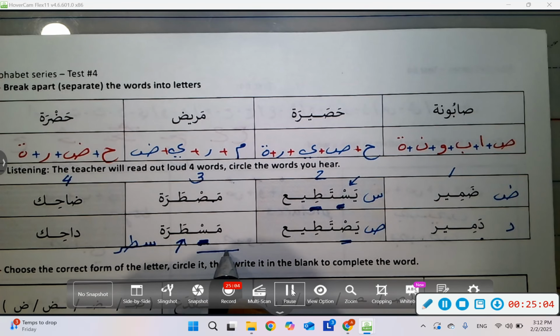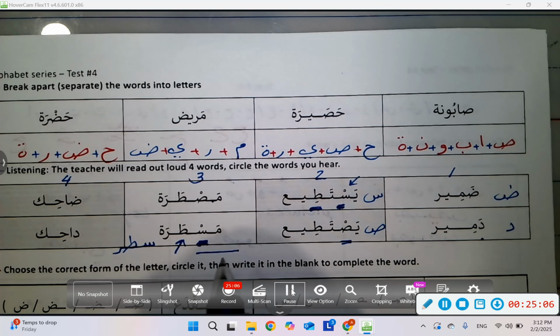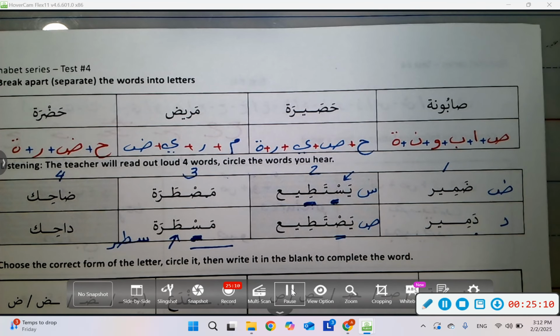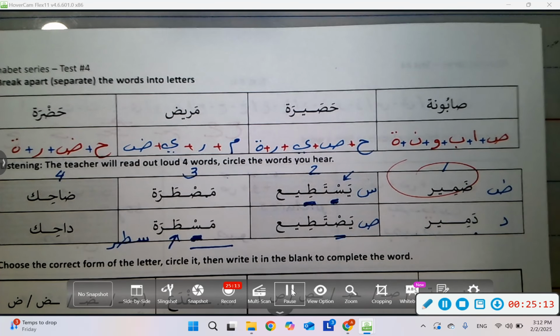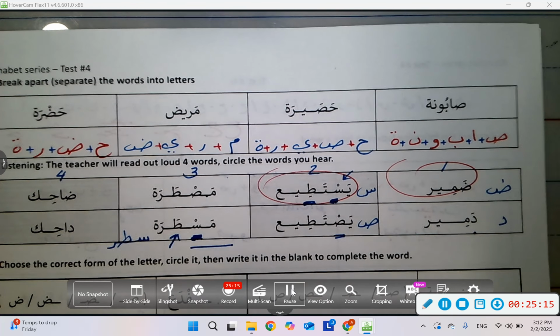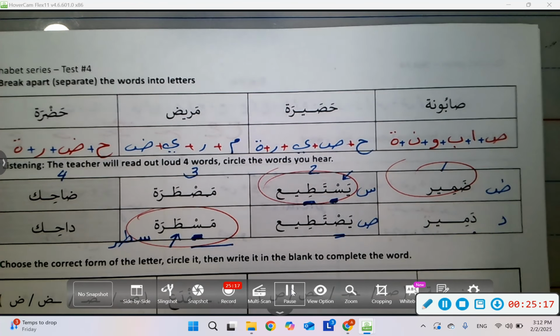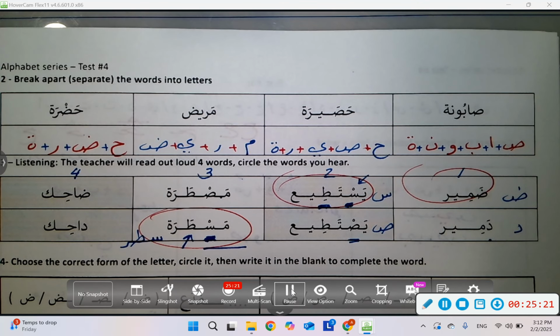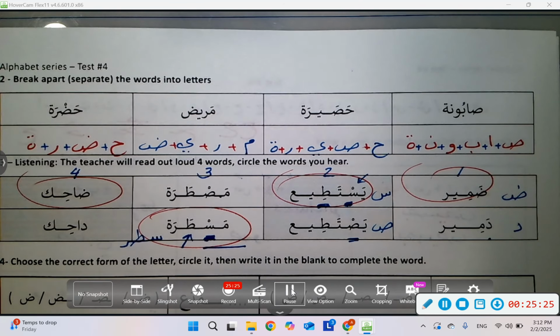You use it to produce a line. So, as we said, this is the correct word, this is the correct word, this is the correct word. ضاحك. ضاحك. You hear this. ض.